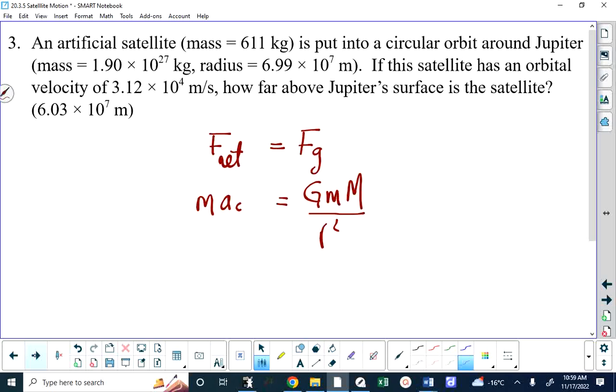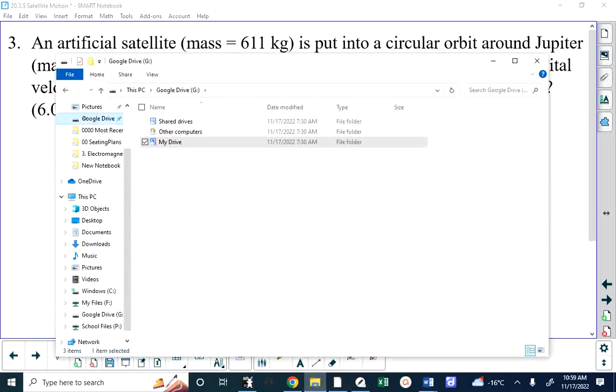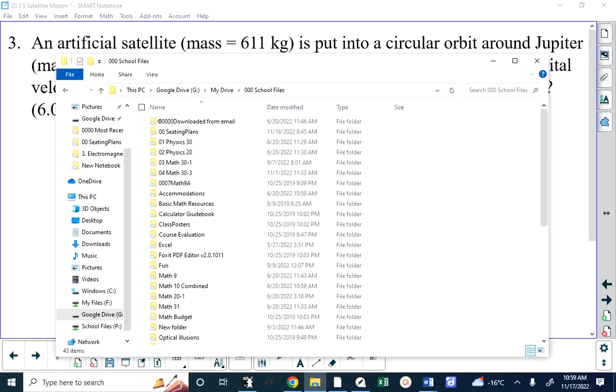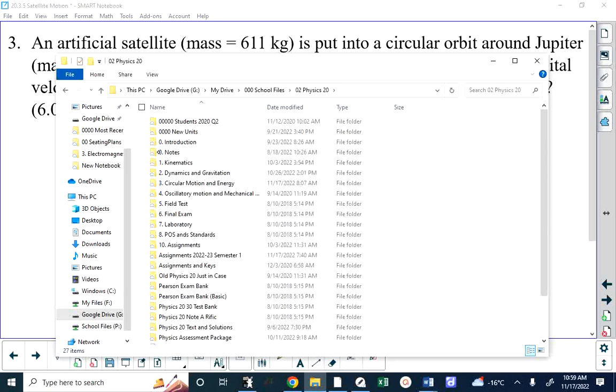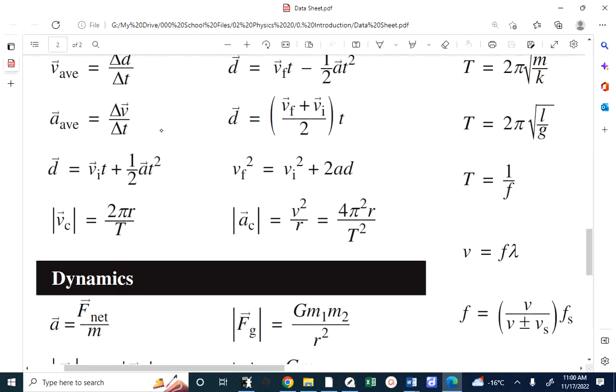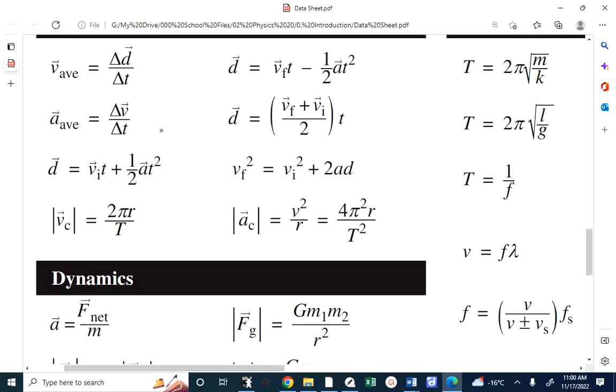The specific strategy branches off. Because when you look at your formula sheet for how to calculate centripetal acceleration, because we're going to be doing a substitution, centripetal acceleration, which is in the center of the screen here, is V squared over R, or 4 pi squared R over T squared.